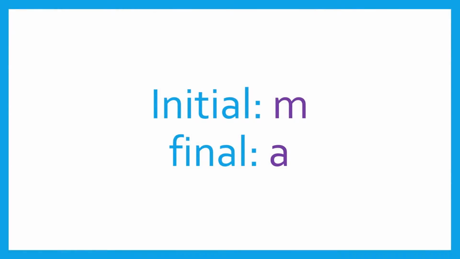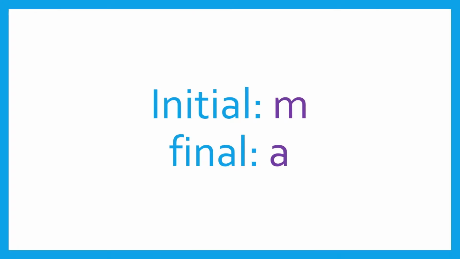Mo, a, and now we're going to go a little bit faster. Mo, a, mo, a, and then almost put them together. Now make it quicker and quicker. Mo, a, mo, a, mo, a, ma.